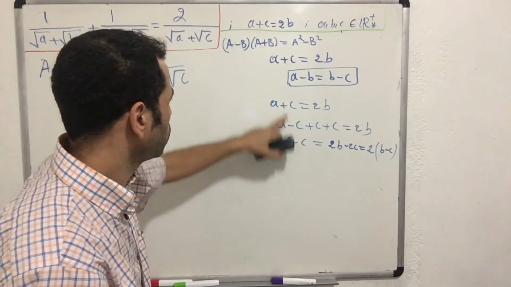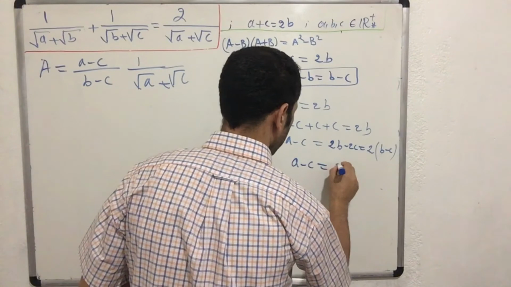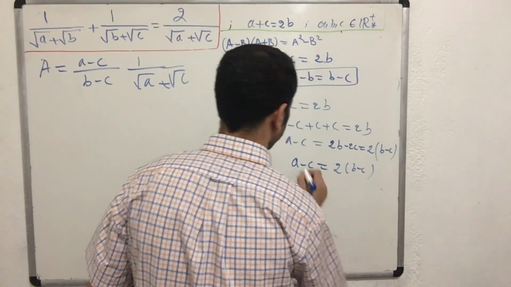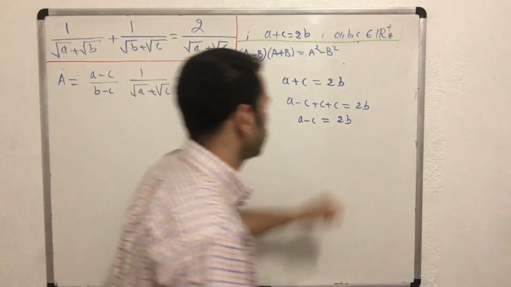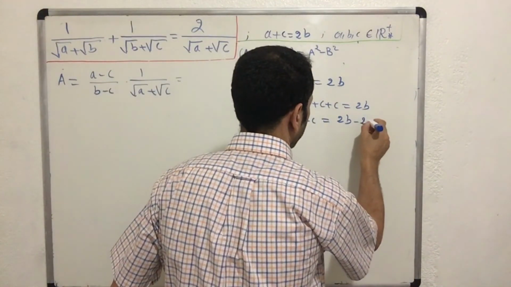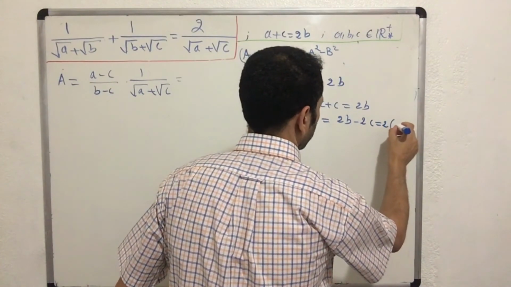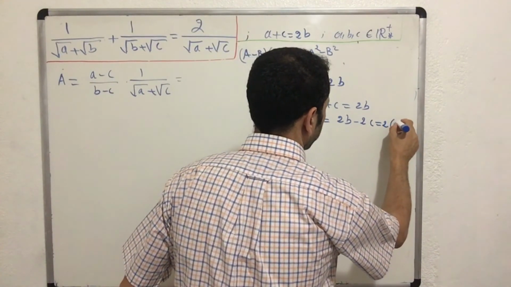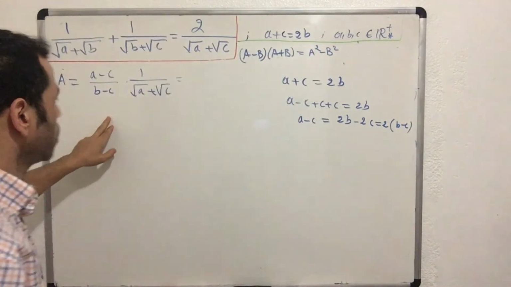What to do now? You have two equations. You have a minus c equal to 2 times b minus c. Let's bring 2c to the other side by changing the sign, which gives 2b minus 2c. Let's factor by 2, so it becomes 2 times b minus c. Right? What to do now?